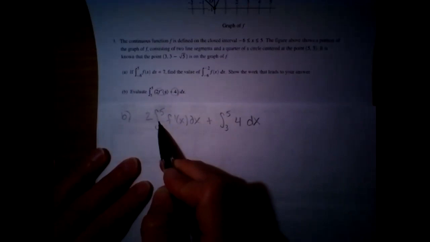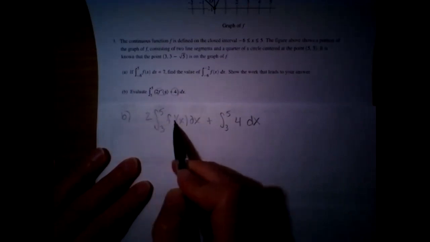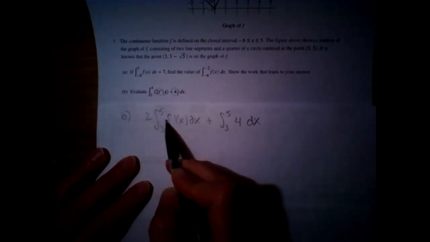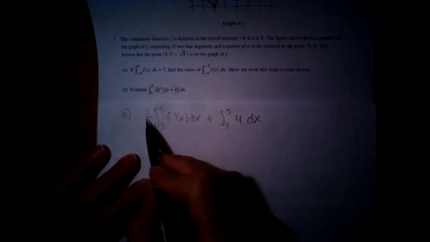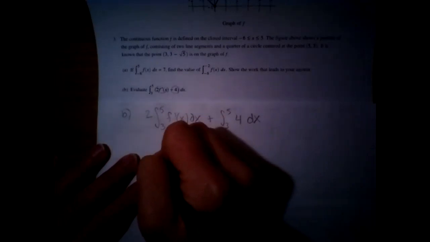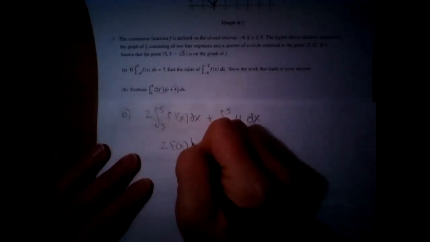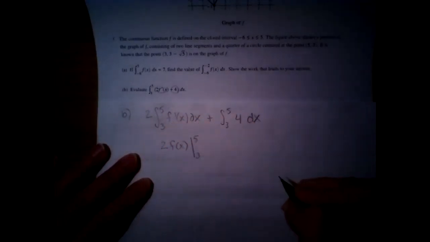So when you have an integral of a derivative, like the integral of f prime, what is that going to give you? Like what happens to the derivative and the integral? What is this result going to be? Yeah, perfect. They cancel. So this is just going to be 2f of x, from 3 to 5.